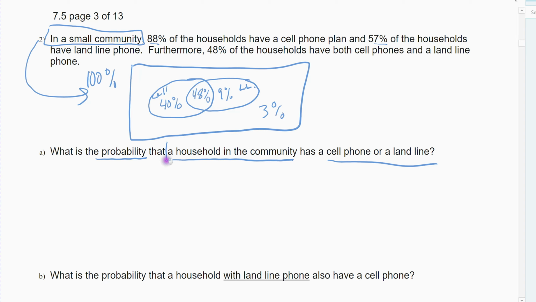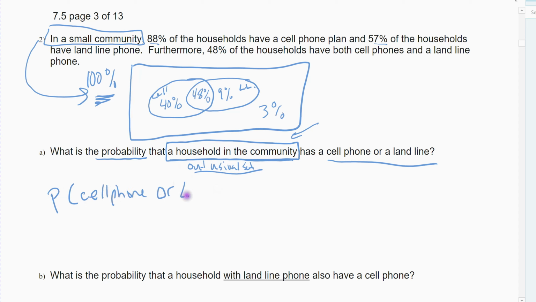We're selecting a household in the community, which means any household could be selected, so this would be out of the universal set. So this is a basic probability: the probability they have a cell phone or a landline out of all of the households.